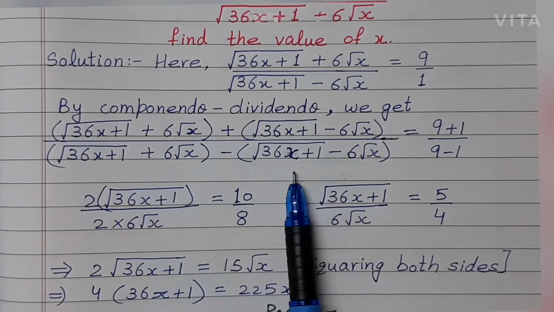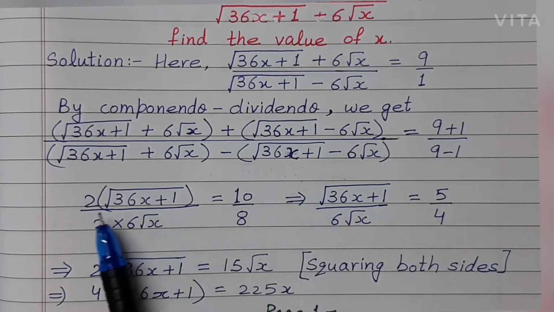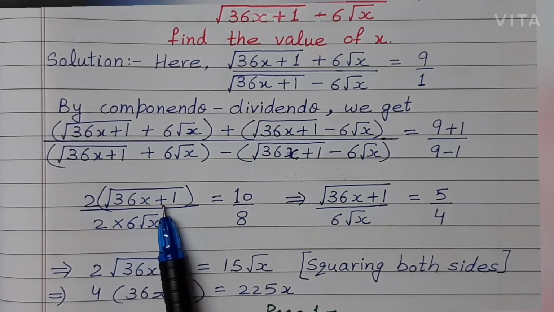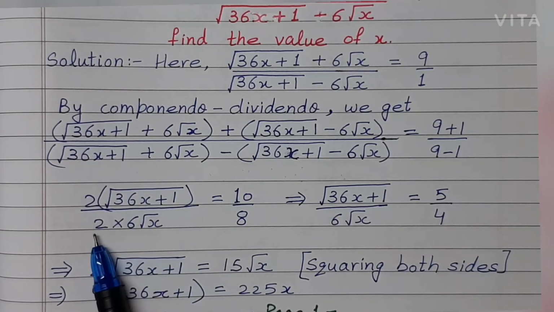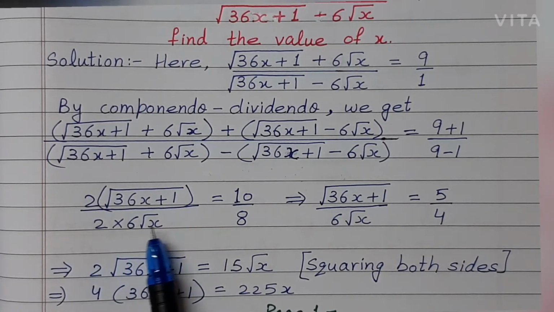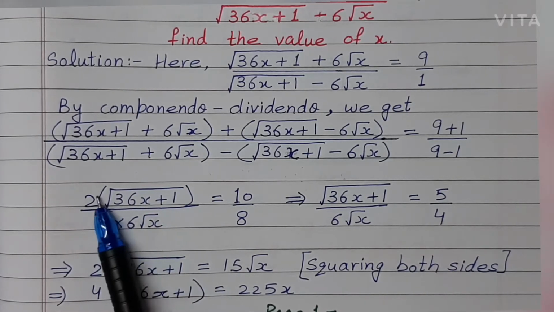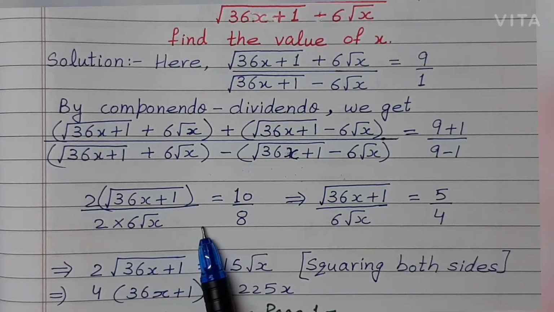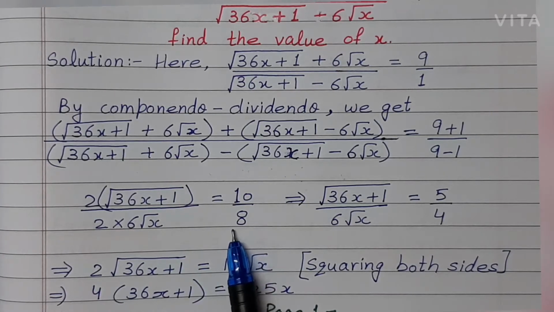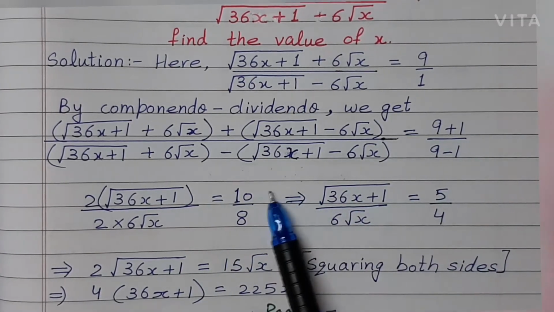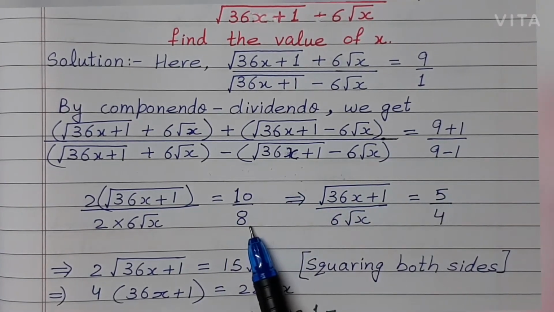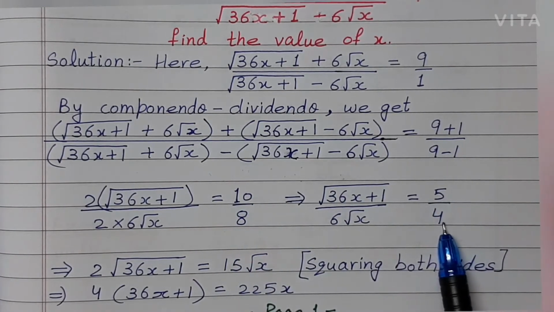So, after solving this, we will get 2 times square root 36x plus 1 upon 2 times 6 root x. Now students, here 2 and 2 will again get cancelled, and similarly on the other side 9 plus 1 is 10, 9 minus 1 is 8. Here also it will become 5 by 4.